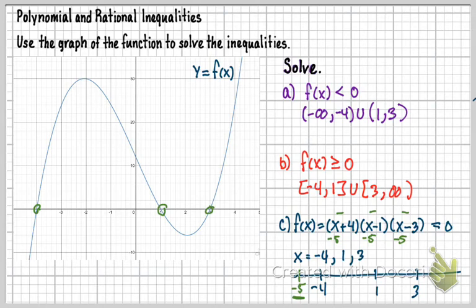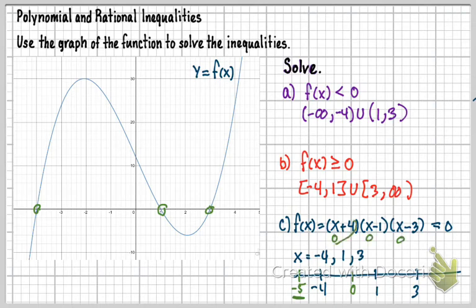Now I'm going to do the same thing for another number. Notice I went to the left of -4 because there's nothing else going on after that. So now I'm going to go between -4 and 1. And since 0's between there, I'm picking that one. That's an easy one to work with. So I put a 0 here, 0 there, and 0 there.